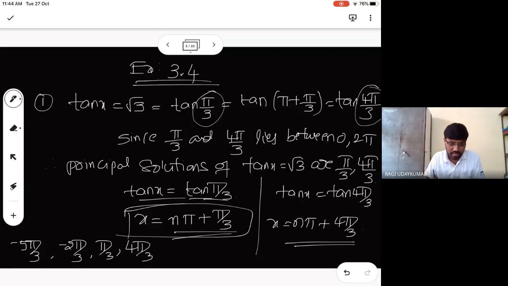Now in this, substitute the same minus 2. If I substitute minus 2, what will I get?